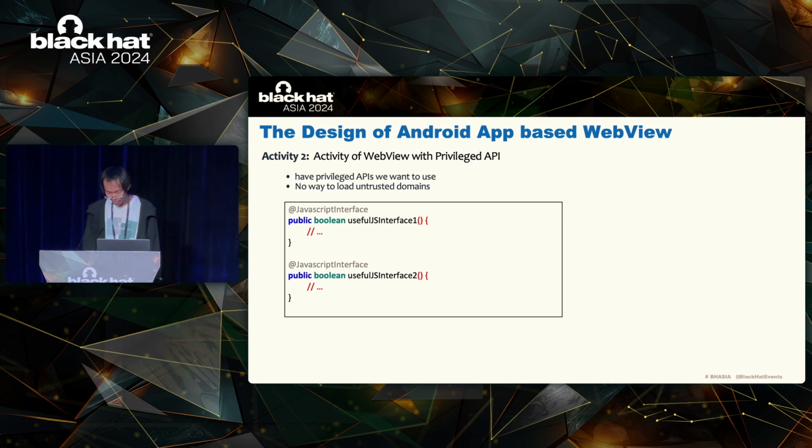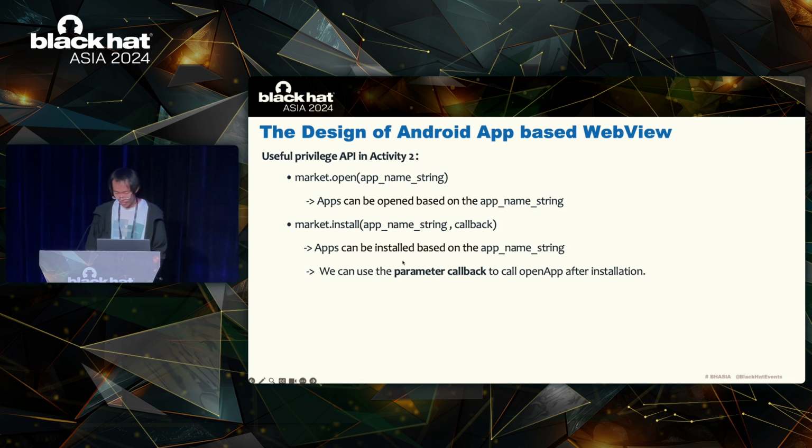And then activity 2, which we care about. It is an activity with a WebView with a privileged application interface, but there is no way to load an untrusted domain. The code is like this. And then we analyze the useful privileged application interfaces.